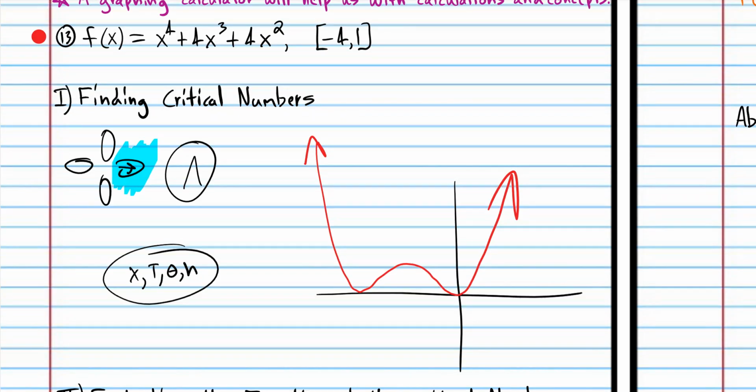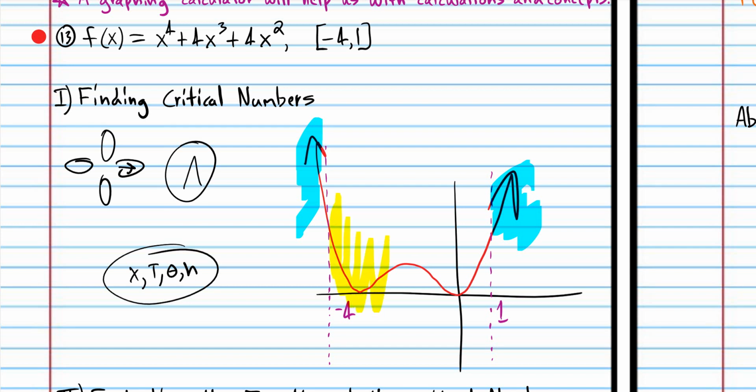And we're only interested in the parts of the graph from x equals -4 to x equals 1. So what that means is we don't care about these blue parts of the graph. We're just cutting that off and ignoring it. We're just interested in the yellow part of the graph.